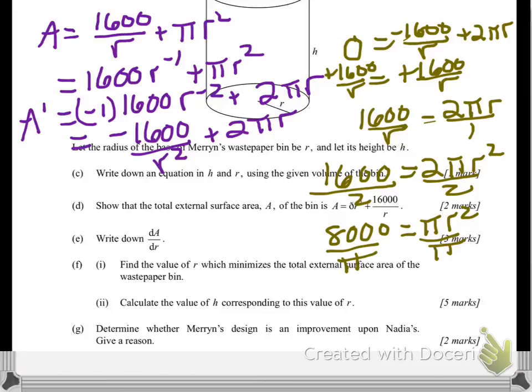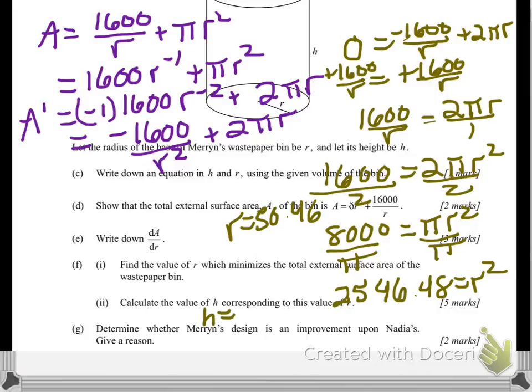So I get 2546.48 is equal to r squared. Take the square root of that guy, and I get 50.46. So I get r is equal to 50.46. And so we need to write it to 3 significant figures. So I get 50.5.